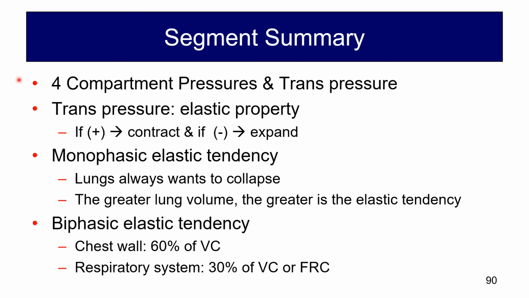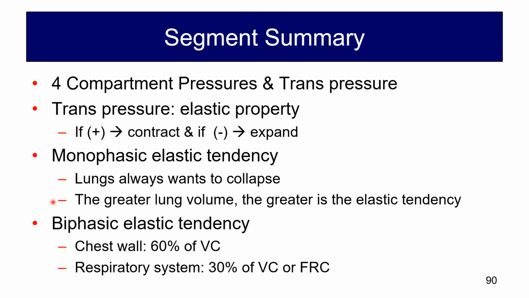There are four compartment pressures and four transpressures. The transpressure would represent the elastic property of a particular organ. If it is positive, it has an elastic tendency to contract, while if it is negative, it has an elastic tendency to expand. The lungs have a monophasic elastic tendency. It always wants to collapse.